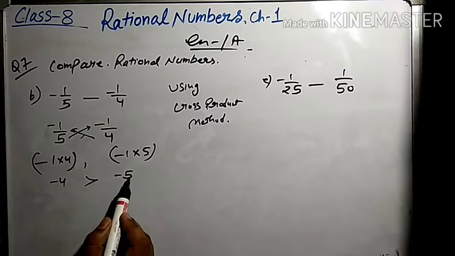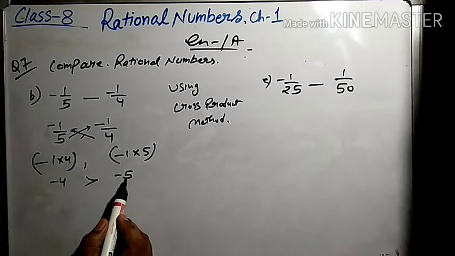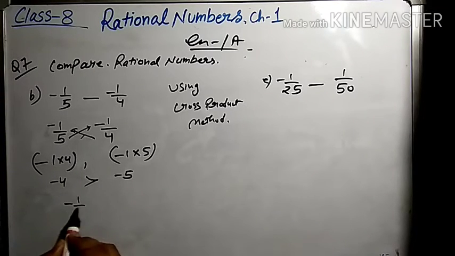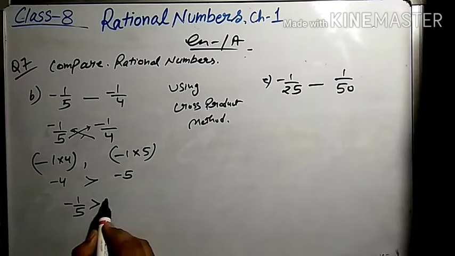When we are moving to the negative part, that is the left side, we are moving to smaller numbers. So minus 4 is greater than minus 5. Therefore minus 1 upon 5 will be greater than minus 1 upon 4.